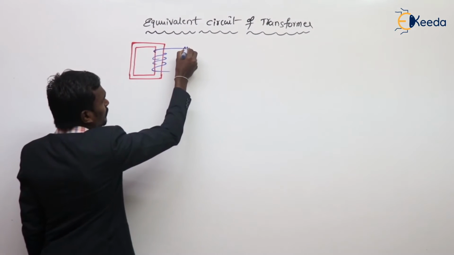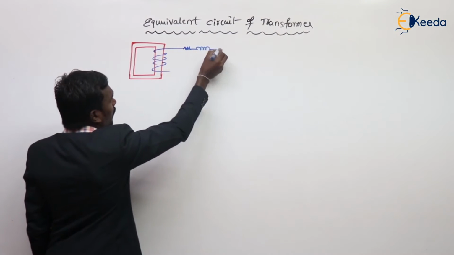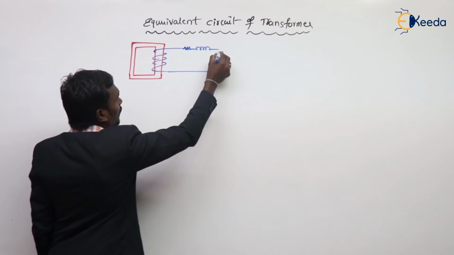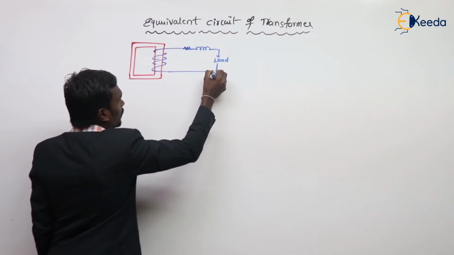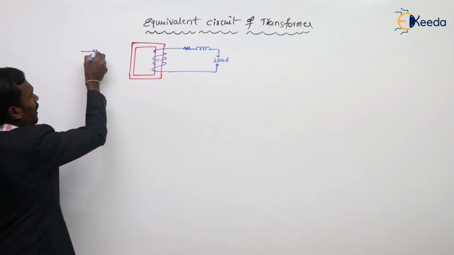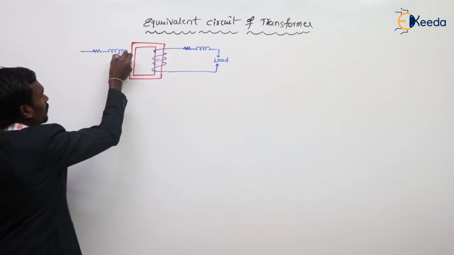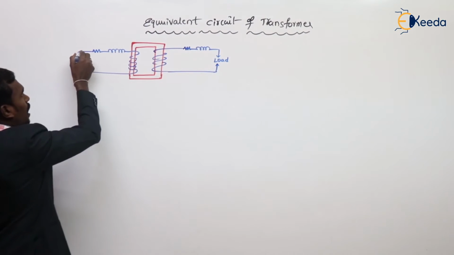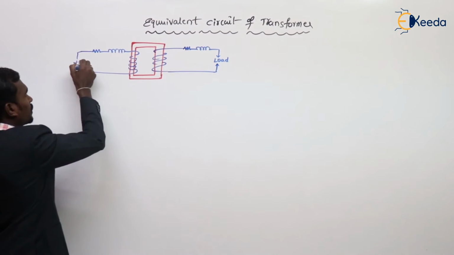The secondary winding has some resistance and some reactance, and here is the load. The primary winding also has some resistance and inductance, as we saw up to now, and here is the supply voltage.